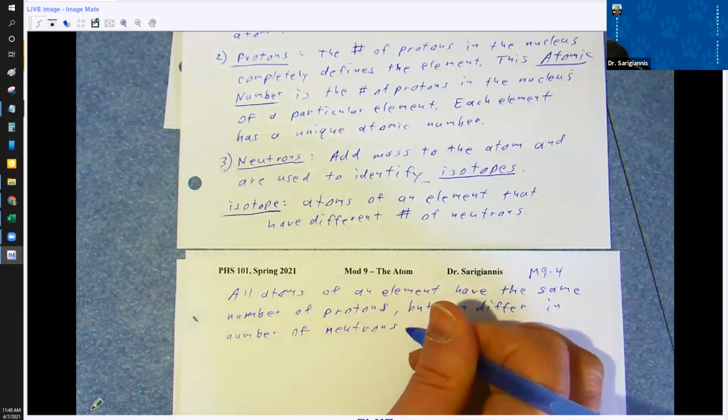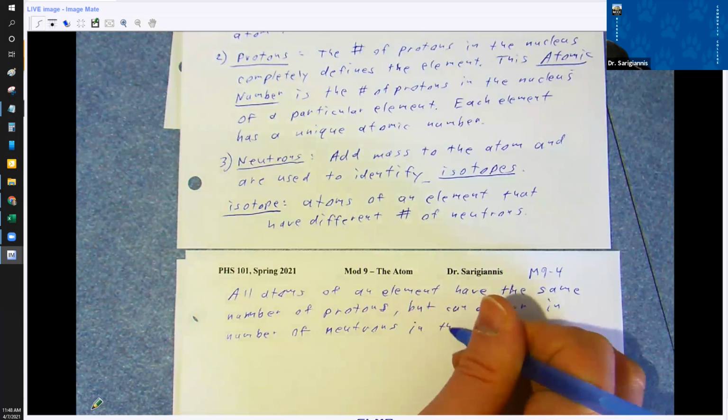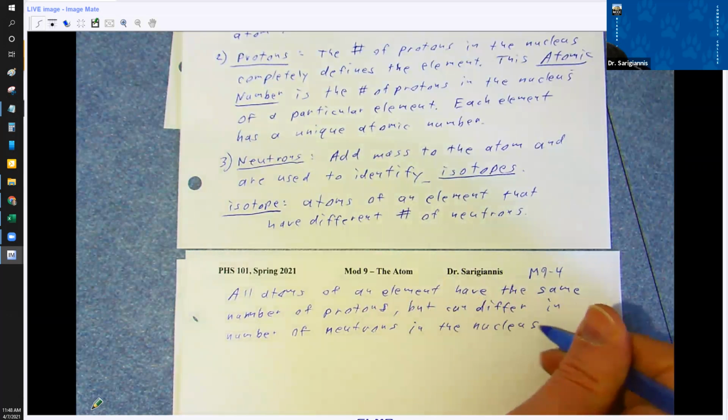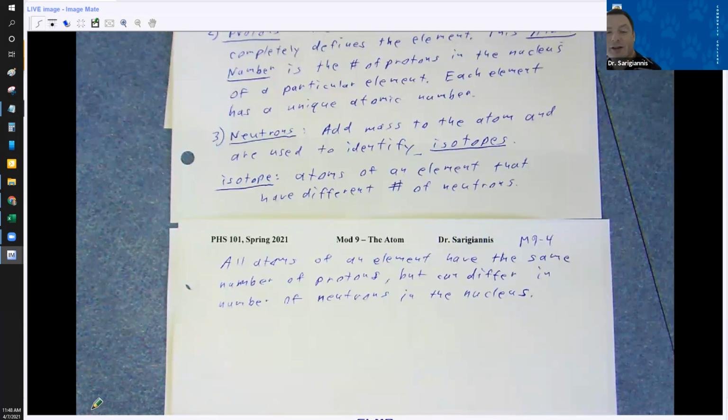And these are all in the nucleus, where protons and neutrons reside.